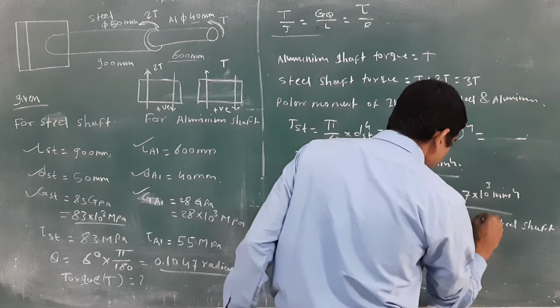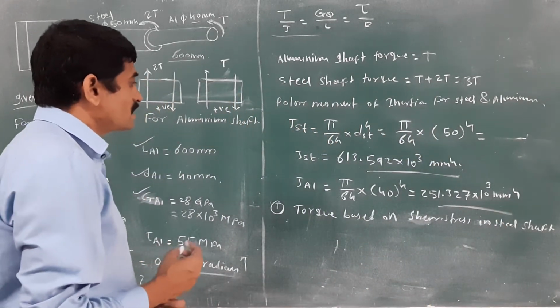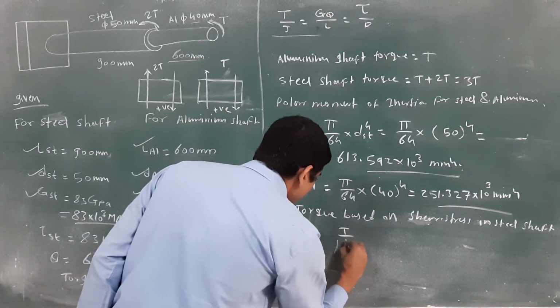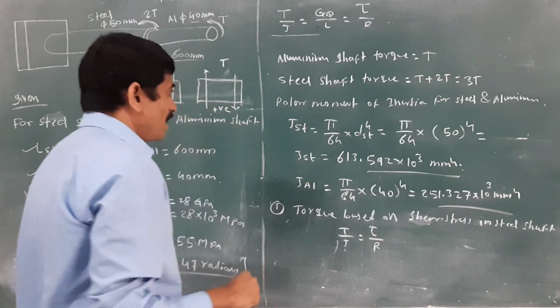Okay, first we want to calculate the torque based on the shear stress in the steel shaft. We know the formula, T by J is equal to tau by R.